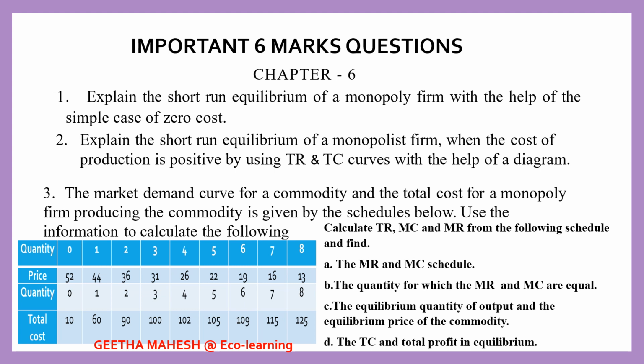The next one is a problem-oriented question, the calculation of marginal revenue and marginal cost, where you need to calculate marginal revenue and marginal cost and answer the following questions. So this is one more important question.